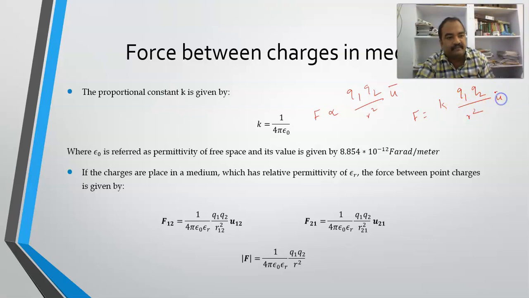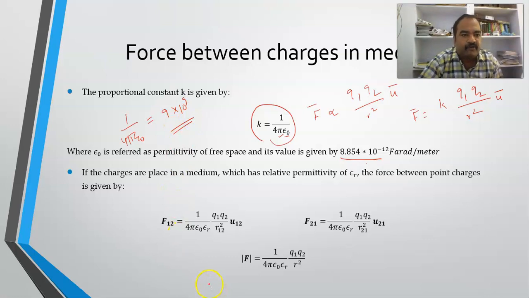An equality constant. This constant is given by 1 by 4 pi epsilon naught, where epsilon naught is called the permittivity of free space with the value of 8.854 into 10 to the power of minus 12. So 1 by 4 pi, where pi is 3.14, and epsilon naught value is this one. If I compute 1 by 4 into 3.14 into 8.854 into 10 to the power of minus 12, I can directly write this value as 9 into 10 to the power of 9. This will be helpful for you in quick calculations. So try to remember this one. Otherwise, you can directly use 1 by 4 pi epsilon naught.